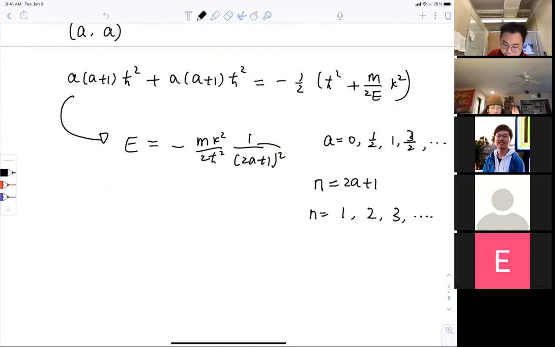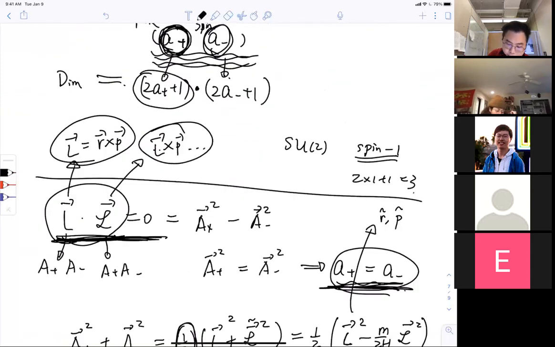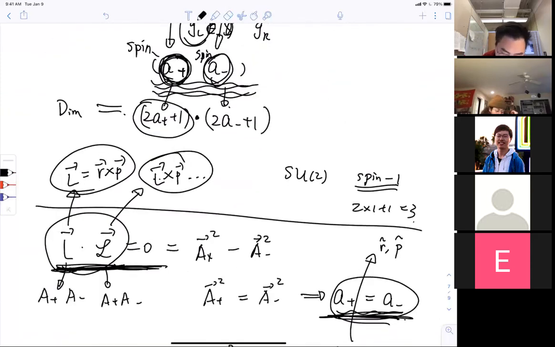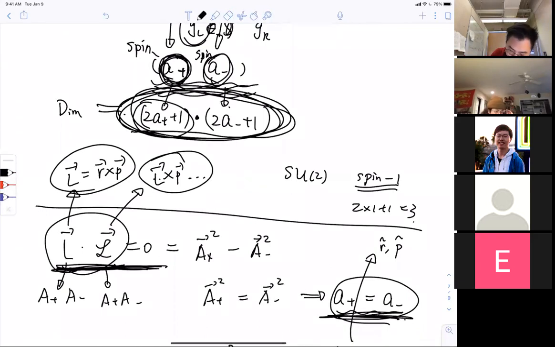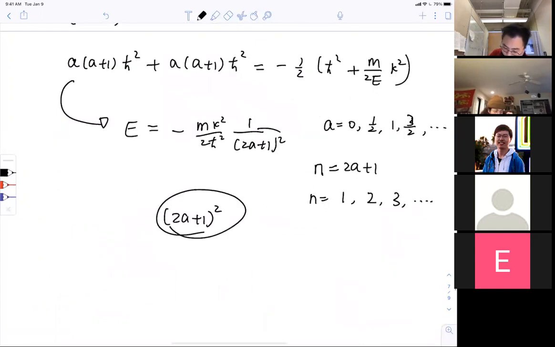And the degeneracy, remember, is given by this. Degeneracy is the dimension of the representation, right? The representation of this group is given by (2A plus plus 1) times (2A minus plus 1). In this case, A plus and A minus are both equal to A. Then it's given by this.